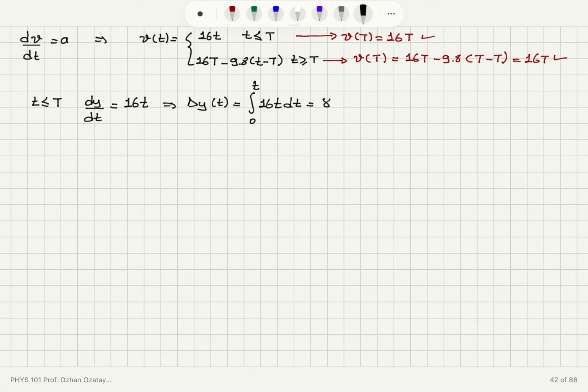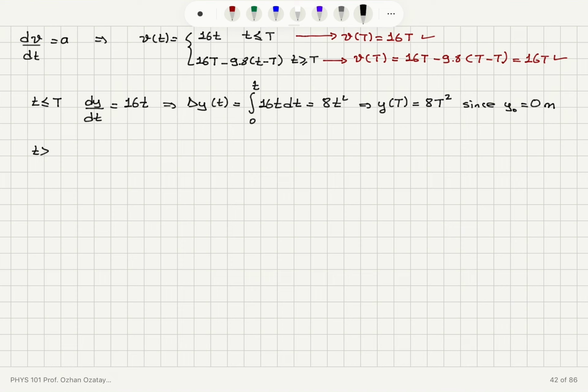This is 16 divided by 2 times t squared, 8t squared, so that the height that I reach at time T is 8T squared, since I initially start from ground. So delta y is 8T squared.